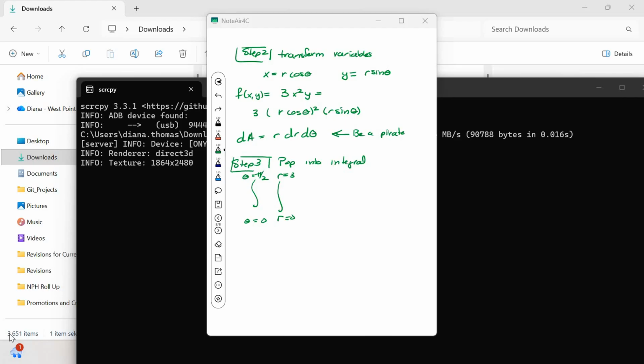So you can switch the order, and I did. Like that. You just pop it all in there. This part here is your x. This part here is your y from your original function, and this part here is dA. The only thing is, if you're writing r here, this and the dr have to come first, because this tells you that you're integrating with respect to r first.